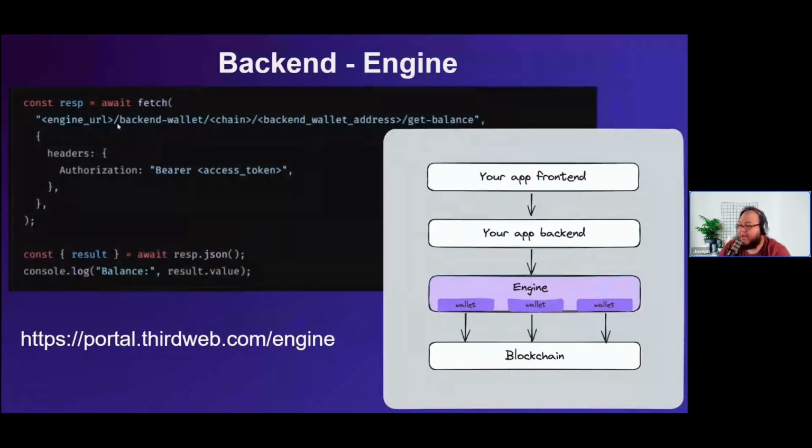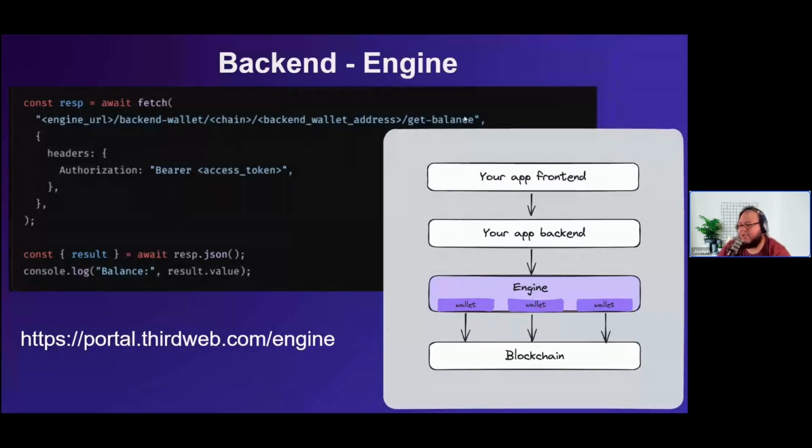And then from there, you just say, hey, I want to access a backend wallet, right? I want to work on a chain like Rootstock. So the chain would be 30 or 31, depending on whether you're doing mainnet or testnet. You can put in the backend wallet address that you actually want to get the balance for. And then finally, we specify the get balance path for our API endpoint, right? And that's all you need.